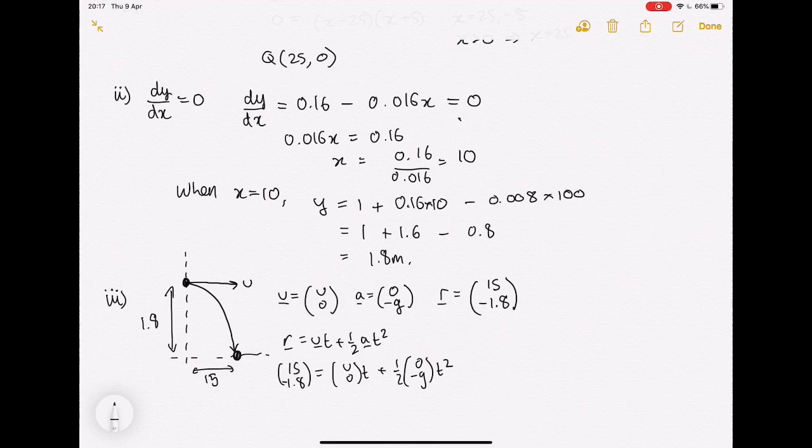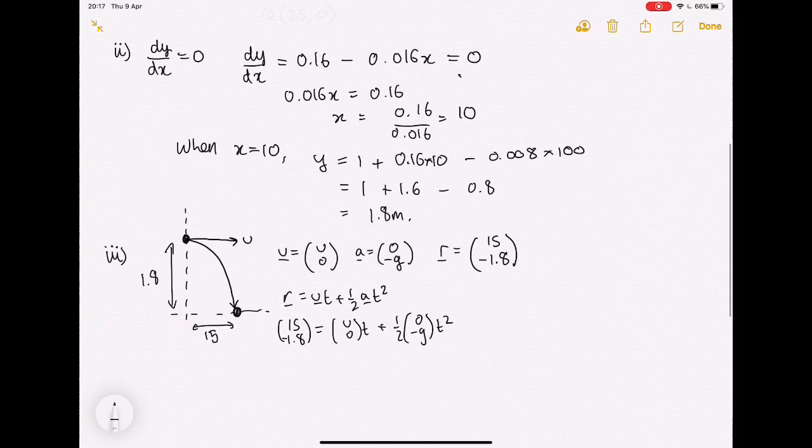In this question, we want to find t. From the horizontal component, we get 15 equals ut, and there are two unknowns there. But from the vertical component, we get minus 1.8 equals minus g over 2 t squared. So we can solve that for t. Multiplying by negative 2, we get 3.6 equals gt squared, and we're told in this question we can use that g is approximately 10.